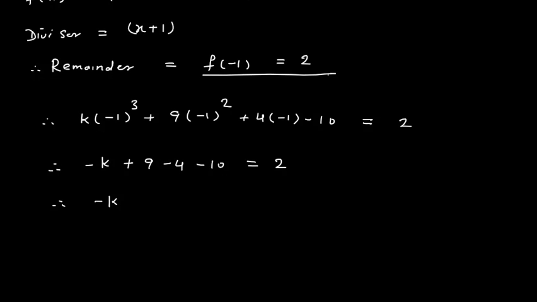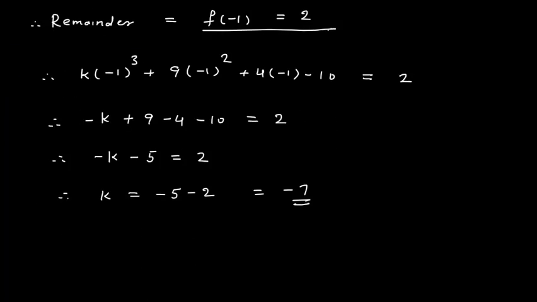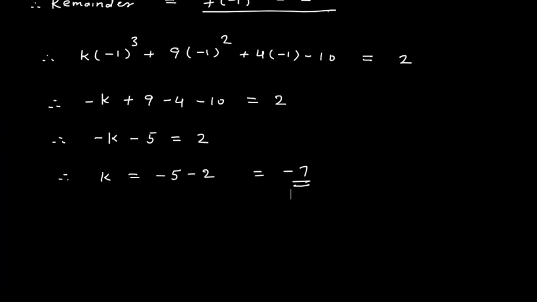Now 9 minus 4 is 5, 5 minus 10 is minus 5, minus k minus 5 is equal to 2. So therefore minus k will go on the right side. I will get k is equal to minus 5 minus 2, which is minus 7. So the problem is to find the value of k, and the value of k we get is minus 7. So therefore k is equal to minus 7.